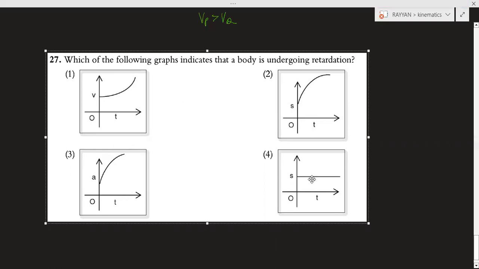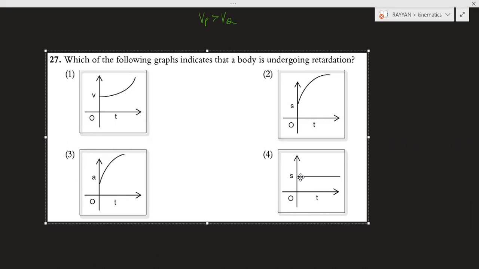Now see graph number 4. The displacement of the body is constant with time, which means the body is at rest.